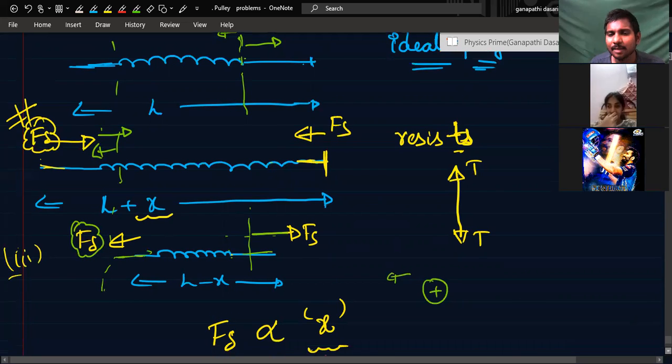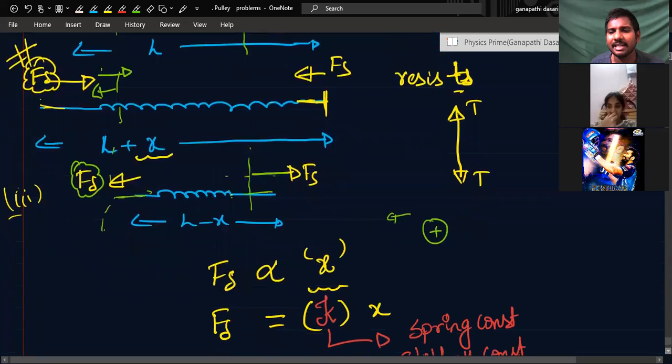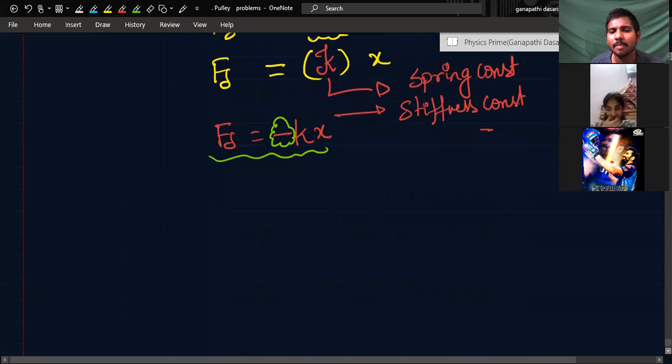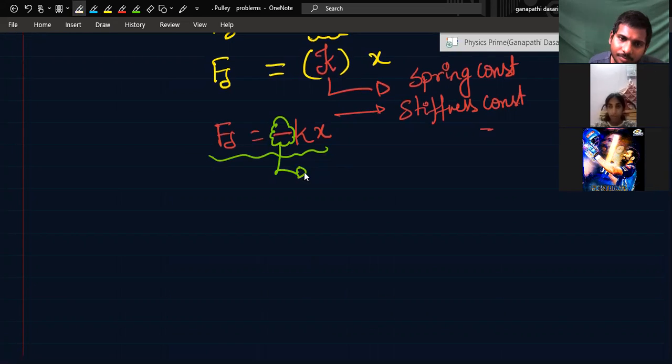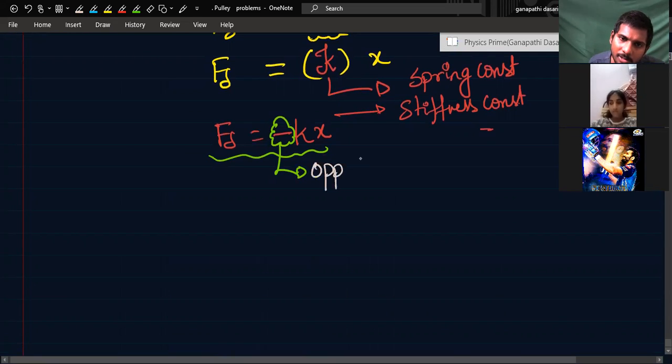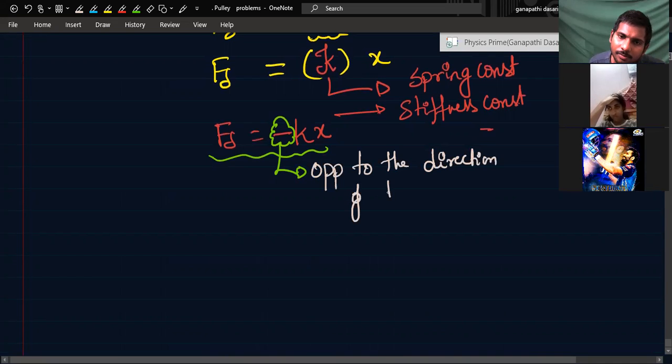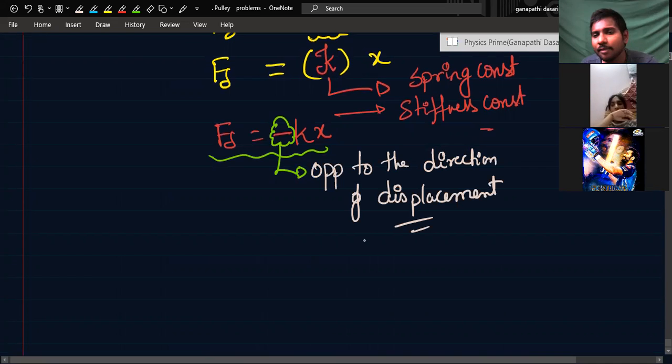That means in books, whatever it mentions, the minus symbol in minus kx is indicating opposite to the direction of displacement. In case you directly take the direction from your common sense, you can do that.